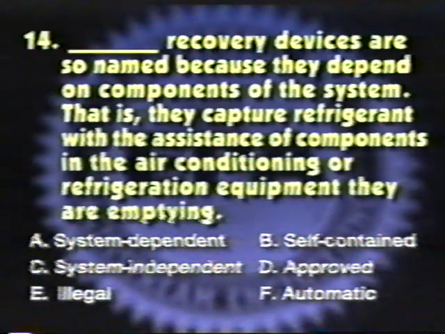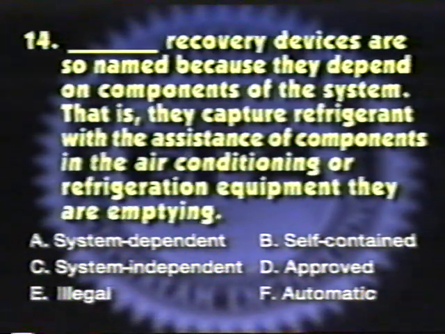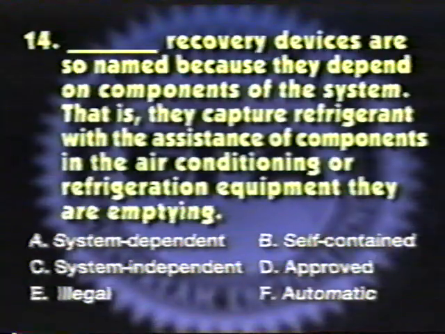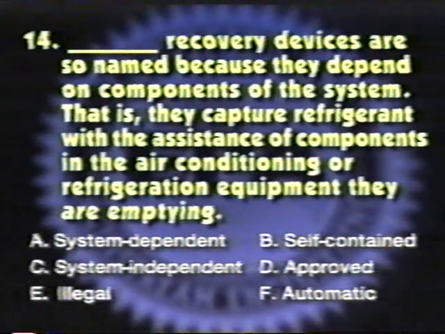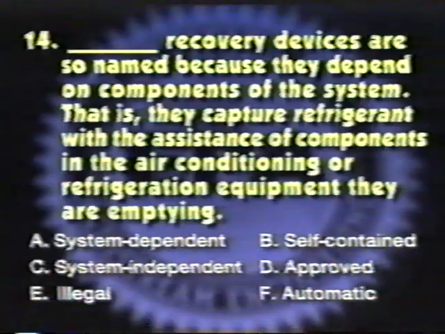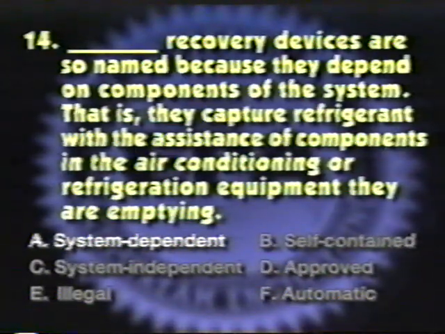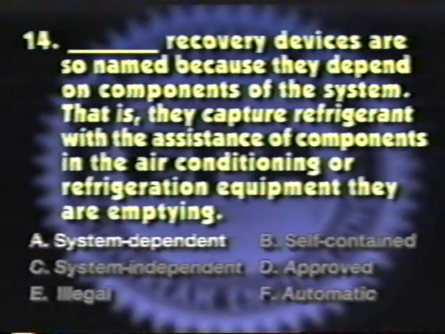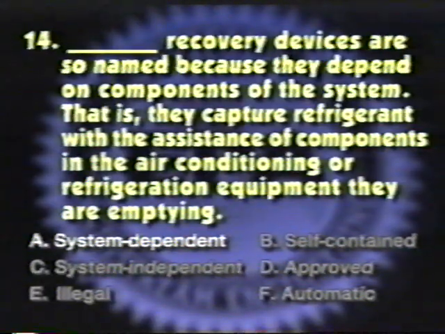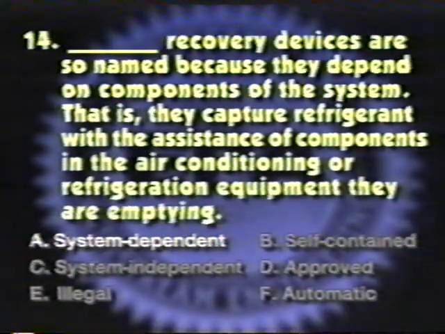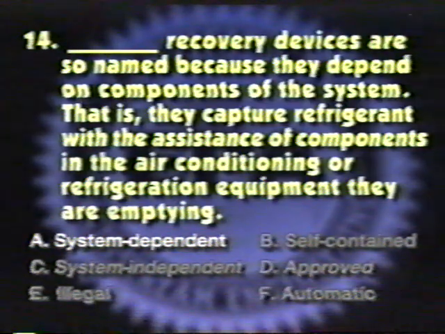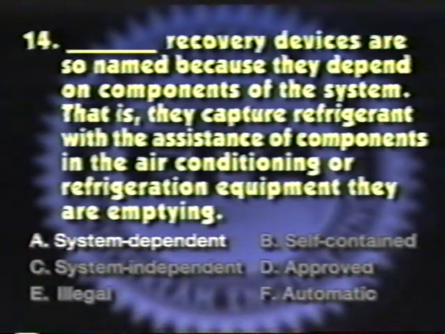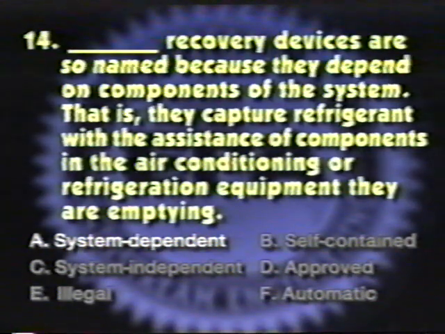E. Illegal. F. Automatic. The answer is A. System-dependent or passive recovery devices are so named because they depend on components of the system. In other words, they capture refrigerant with the assistance of components in the air conditioning or refrigeration equipment they are emptying.